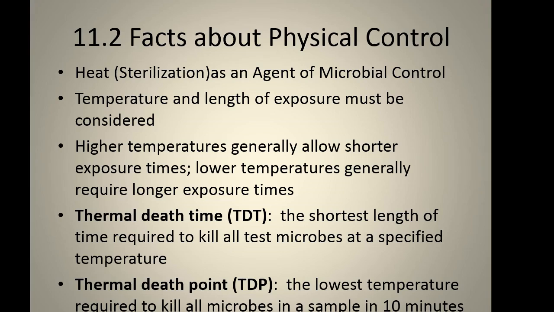We're talking about heat here. Thermal death point is the lowest temperature required to kill all microbes in a sample in 10 minutes. Kind of get the difference in those? Thermal death point. What temperature is required to kill all these microbes in 10 minutes?